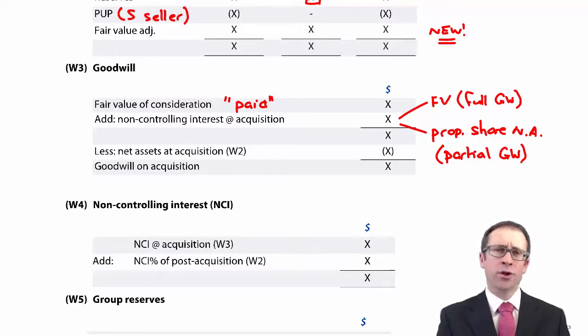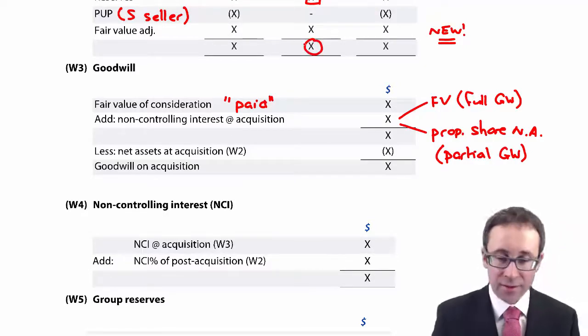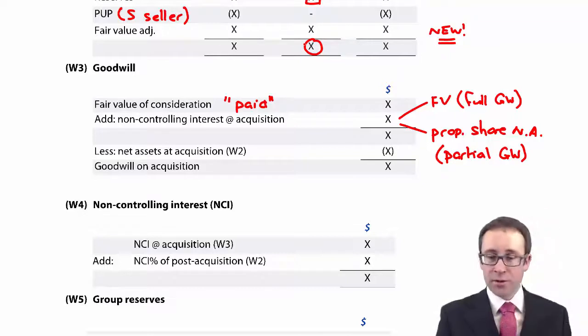Okay. If you're unsure, we'll see bits of it in some of the videos as we go along, but it is something that you should be familiar with from F1. You then take the net assets at acquisition, so that's that figure in working number 2, and deduct that to give you your goodwill on acquisition.